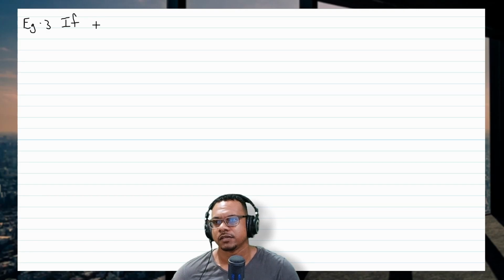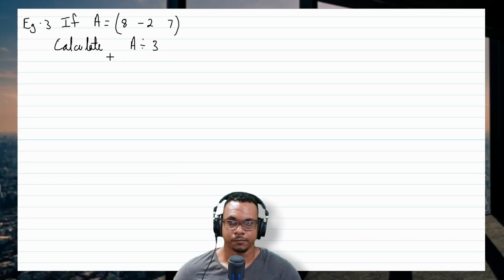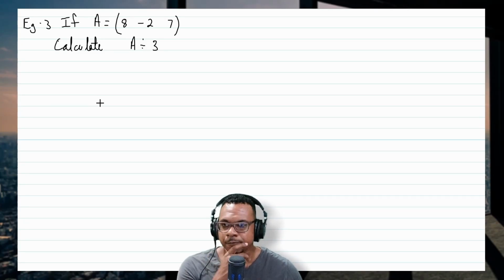If A is equal to 8, -2, 7, calculate A divided by 3. Now, there are many ways to do this.